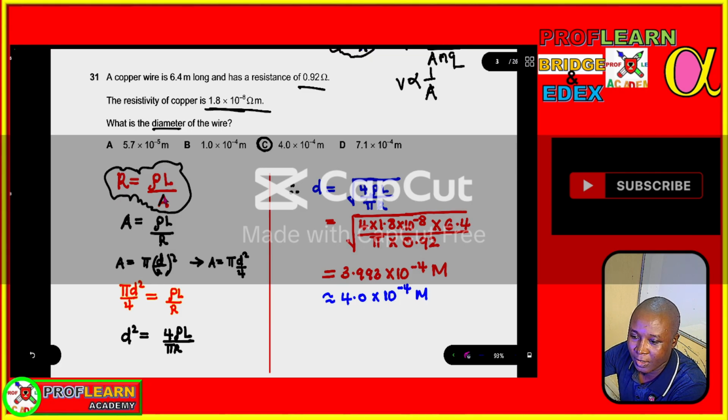If we make area the subject of the formula, we have area equals resistivity times L over resistance. But how do we get area? Area is pi times d over 2 squared, and if we work it out, area equals pi d squared over 4.